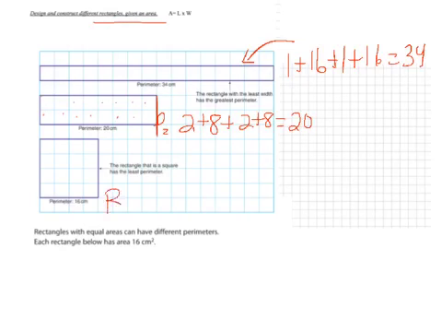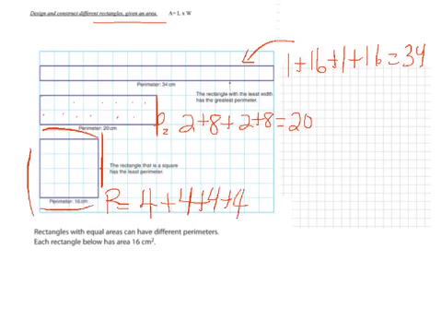Our perimeter for this one, remember, it was 4 by 4. So 4 plus 4 for the two sides, and 4 plus 4 for the other two sides, equaling 16.